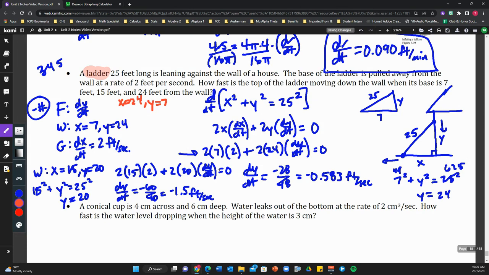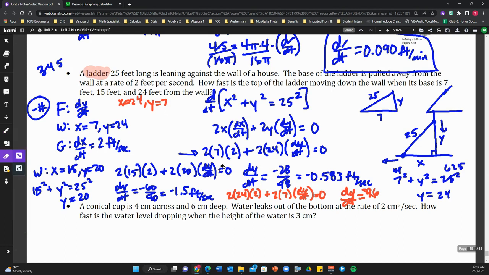In that case, we would get 2 times x, 24, times still the same dx/dt, 2, plus 2 times the y, which is now 7, times the unknown dy/dt equals 0. Same idea: I'm going to take the constant term here, which is really 96, and subtract it.